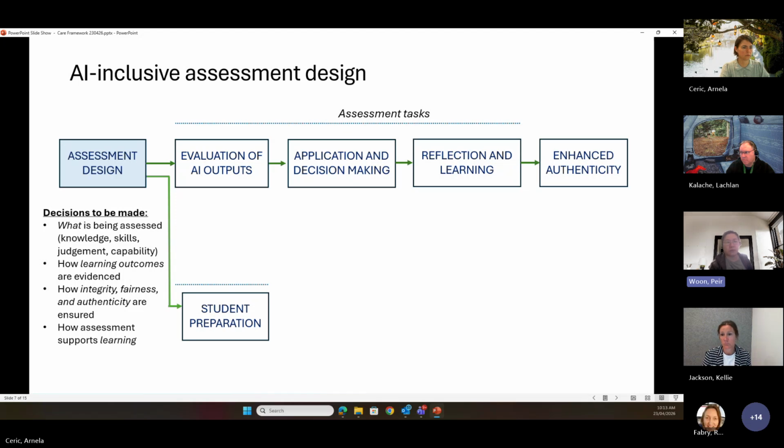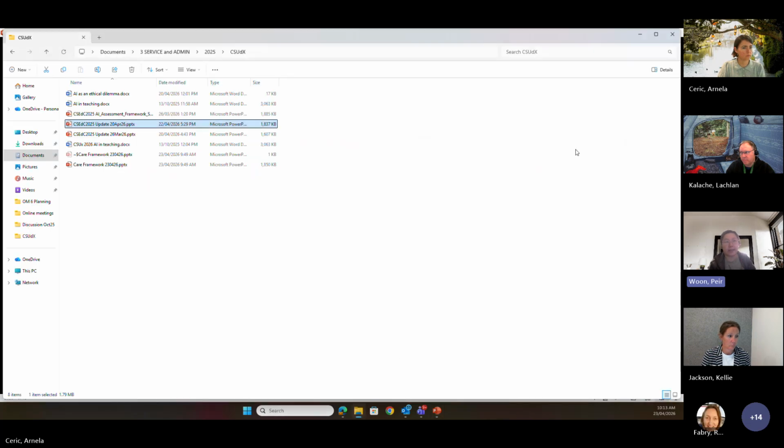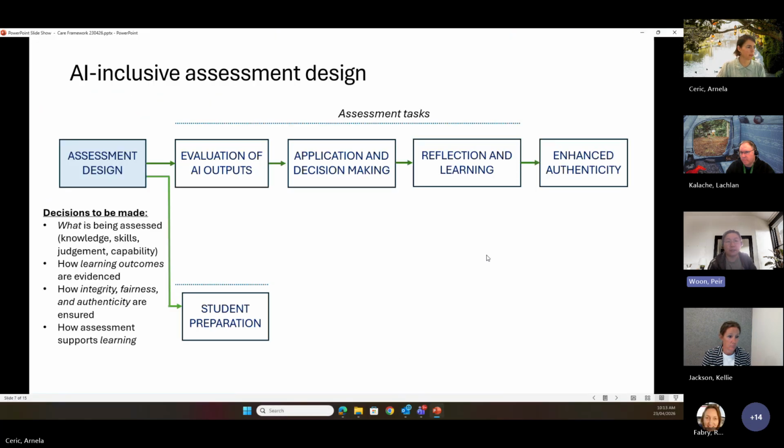And we also want to deliberately link our subject learning outcomes into the assessment design. So in other words, it's a scaffolding of the entire assessment structure of our subject, not just adding AI in any parts of the design when we write it.